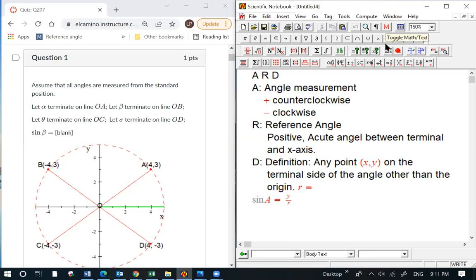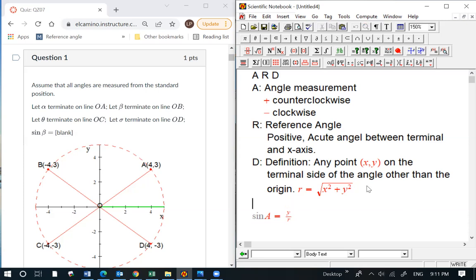R is the square root of x squared plus y squared. Once we have R, sine, cosine, tangent, cotangent will be defined.